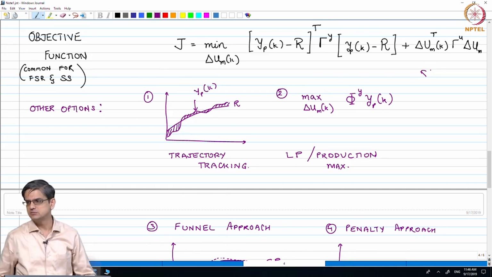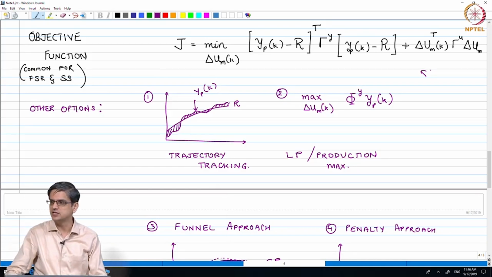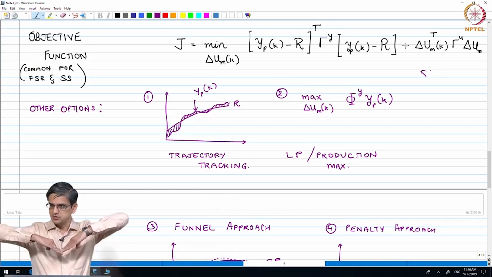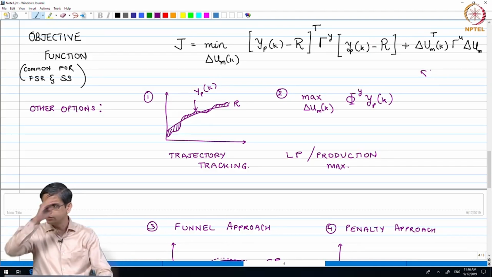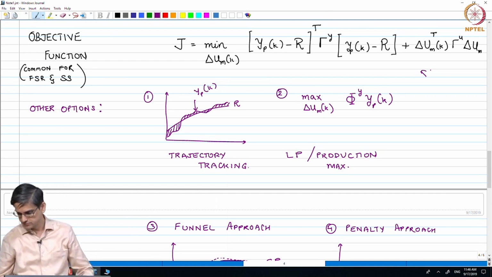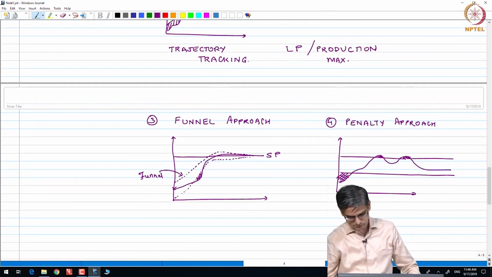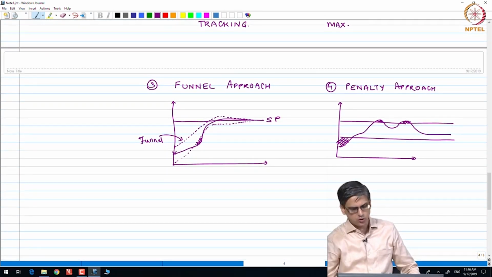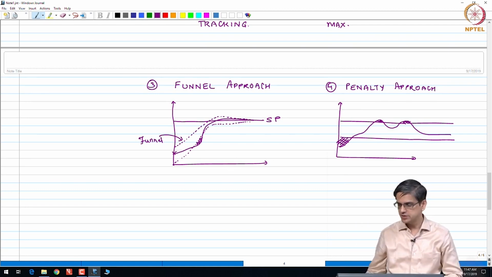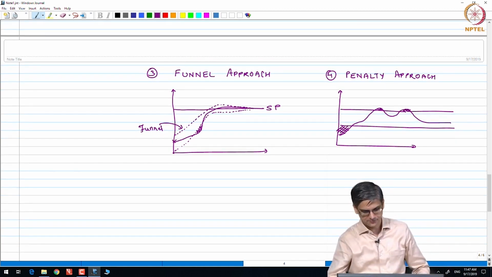The problem is that it becomes non-differentiable at error equal to 0. It is continuous but non-differentiable. Square just smoothens it out. I do not know of any commercial vendor that uses sum of absolute errors. People could use it, I would not recommend it, but it could be used.